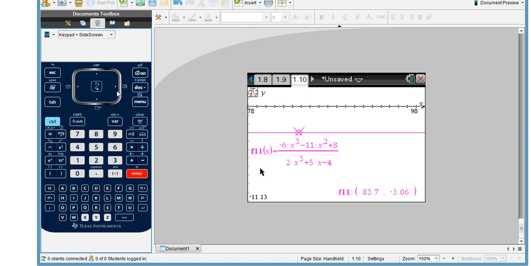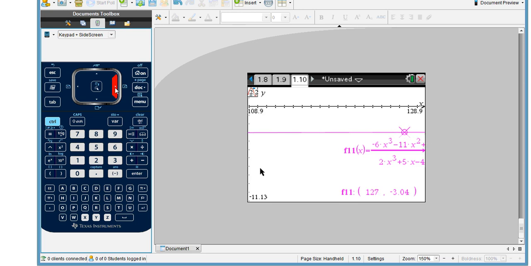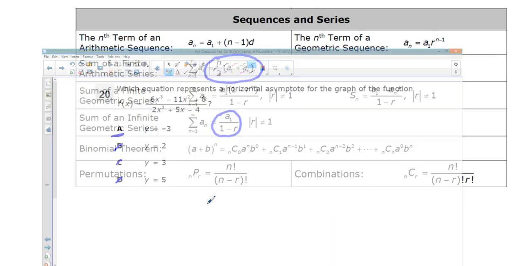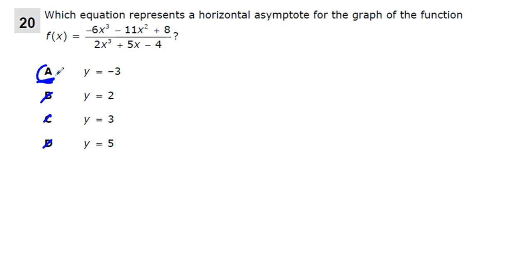Okay, so we're scrolling, we're going close to negative 3. So the farther we get out to the right, we're going to get closer and closer, and we're not going to touch negative 3 exactly, but just getting infinitesimally close to that. So our correct answer to this one is definitely answer choice A.